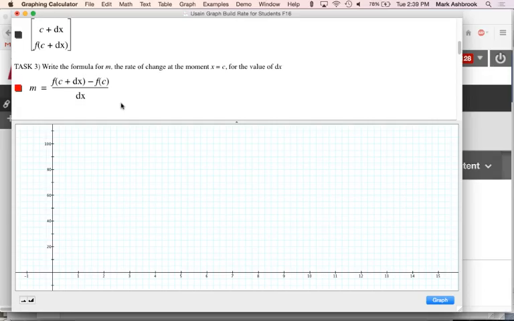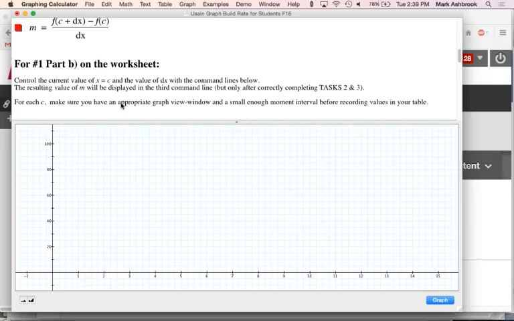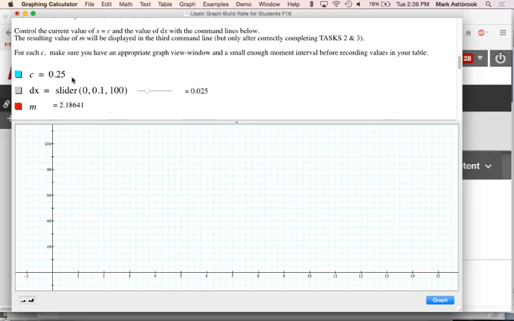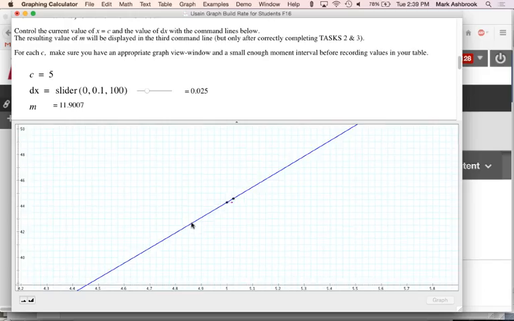So let's do 5.0 together. If I come in here and do 5, now I've got that point. Let's zoom in to see how far we need to zoom in to set dx so we're in the moment where we have rate of change at the moment. To zoom in, make a box: if you hold down shift while you make a box, it'll zoom in on that.